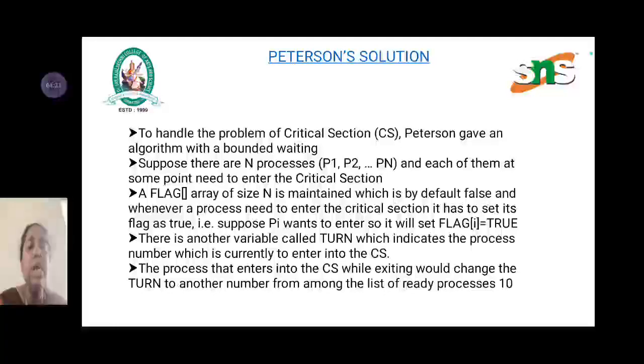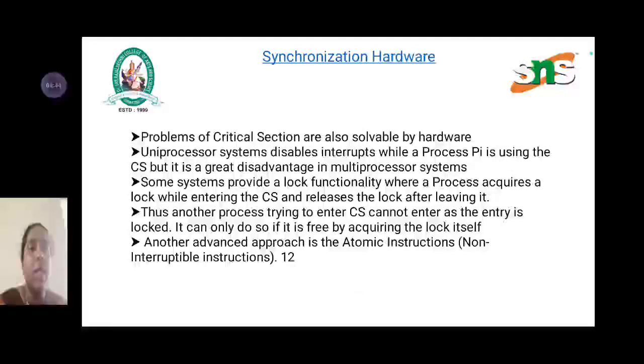There is another variable called turn, which indicates the process number which is currently to enter into the critical section. The process that enters the critical section while exiting could change the turn to another number from among the list of ready processes.